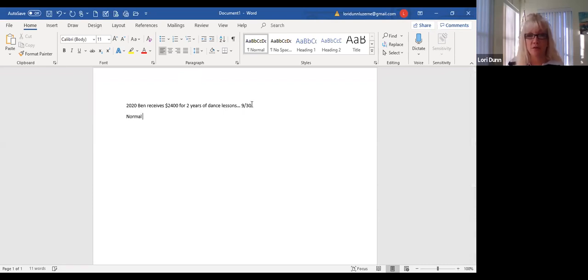So under normal GAAP accrual, in 2020 the company will show $2,400 divided by 24 months equals $100 a month of income. Three months is earned, so he provides the dance lessons October, November, and December.